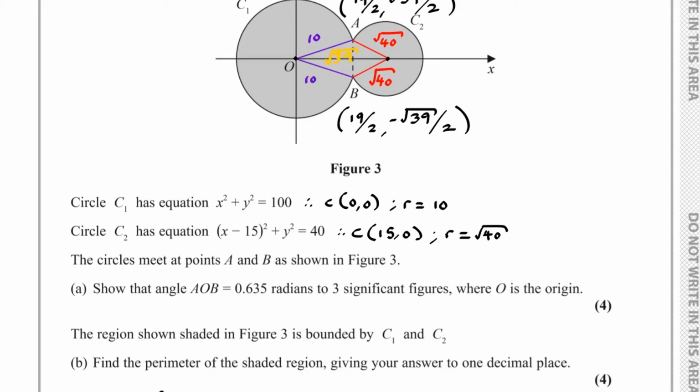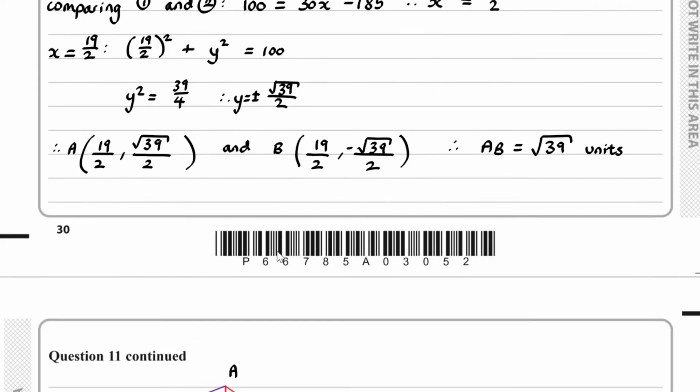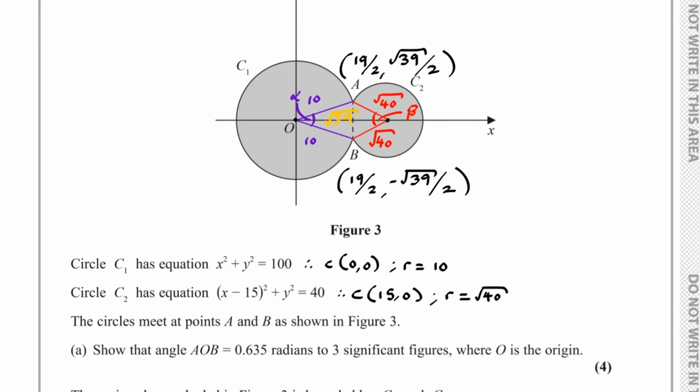This angle we'll call alpha, and this angle we'll call beta. So we construct the triangle AOB over here, and this point corresponds to the point D, whose coordinates we already know: 15, 0.